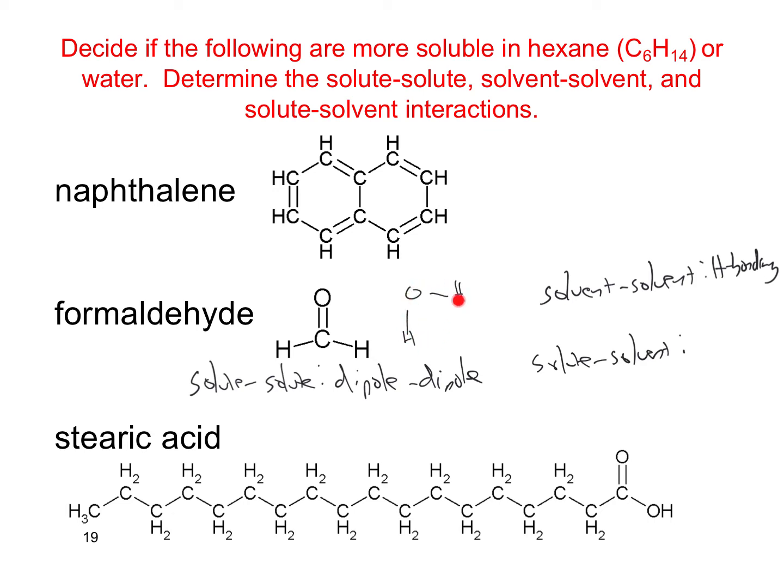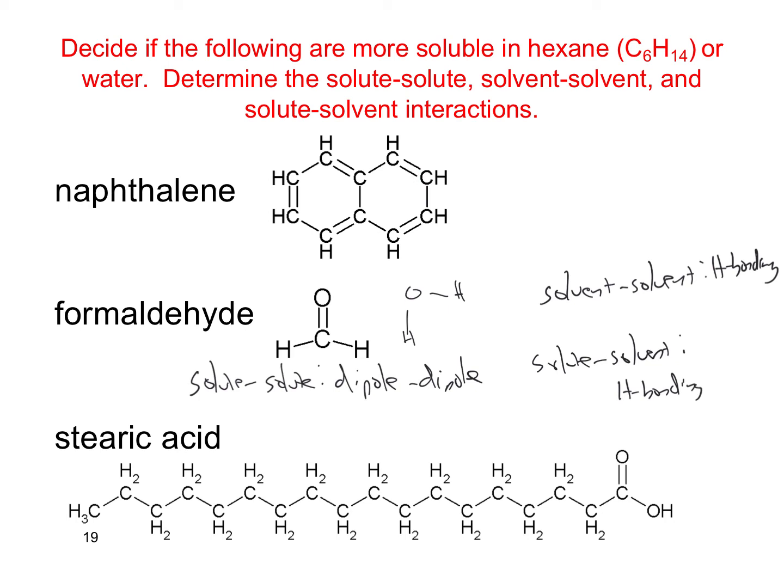So water meets the more strict criteria for hydrogen bonding, and then formaldehyde, because it's polar and it has an oxygen, meets the second weaker criteria for the second molecule. So when water interacts with formaldehyde, that would be hydrogen bonding as well.